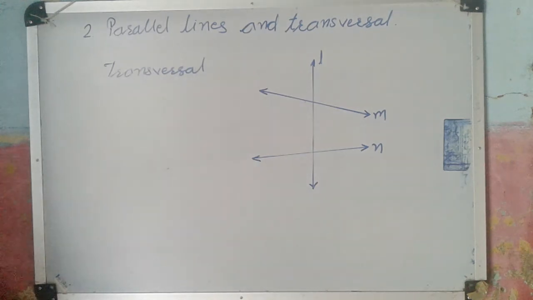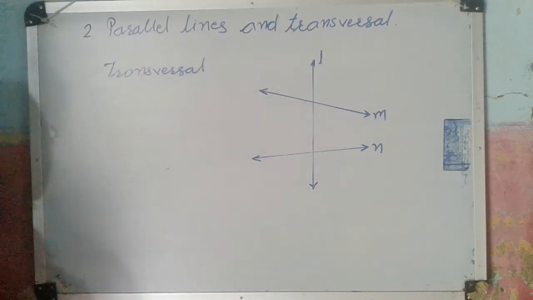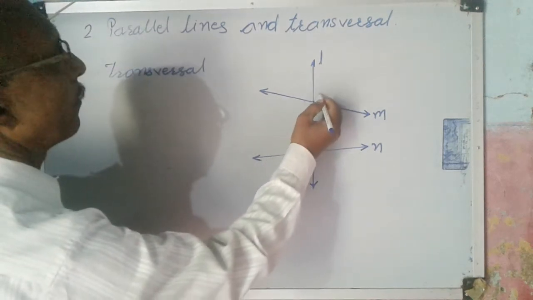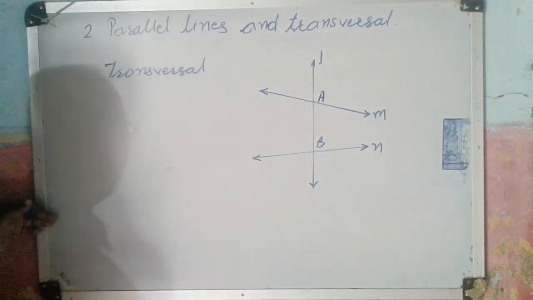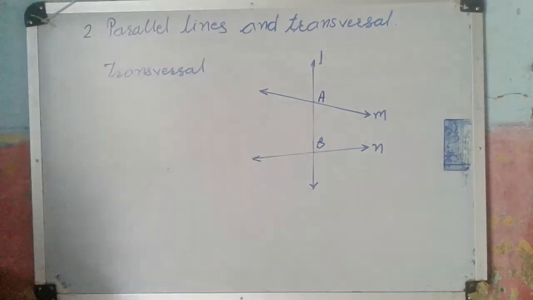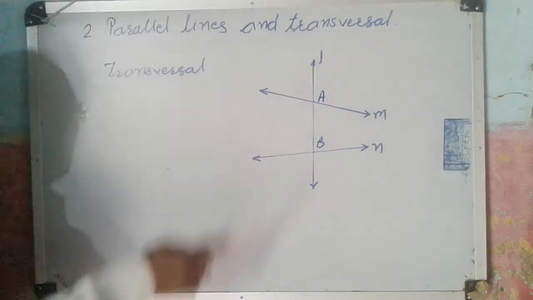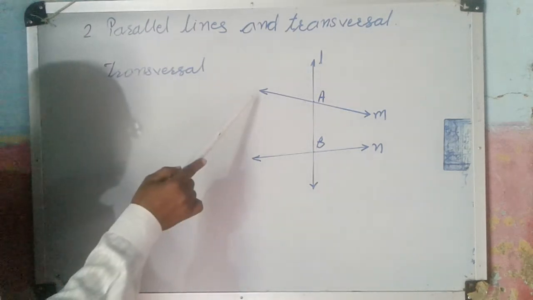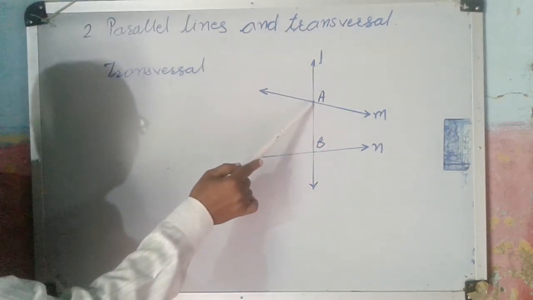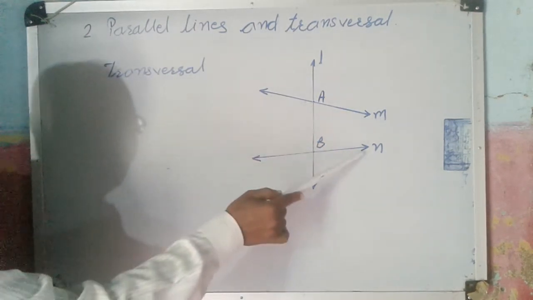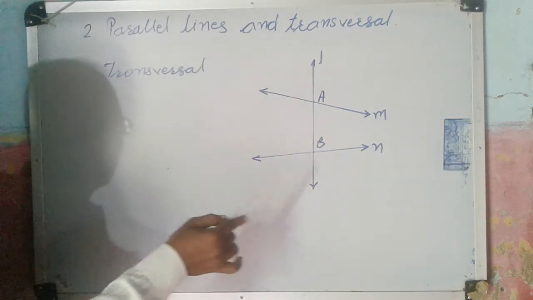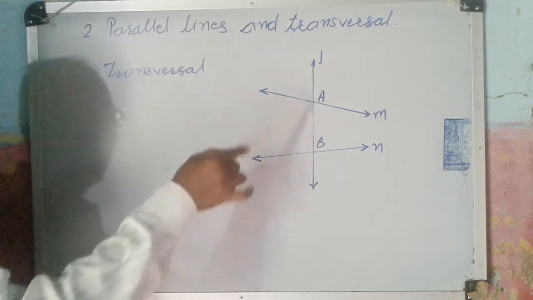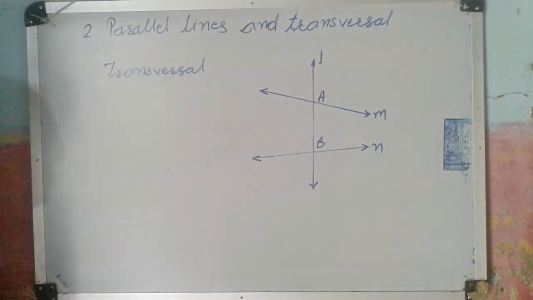Suppose the points of intersection are A and B. This line L intersects line M at point A and line N at point B. That means line L intersects two lines in two distinct points.